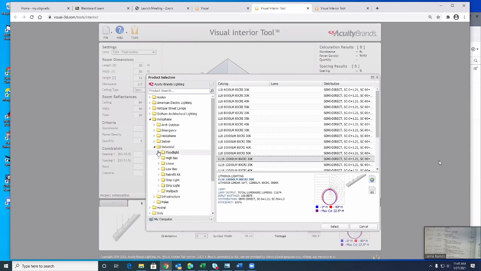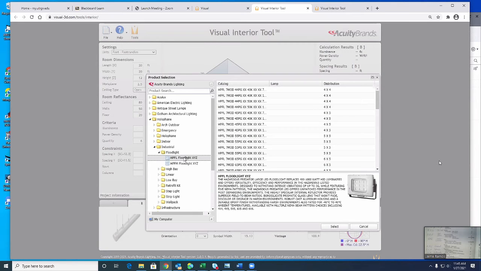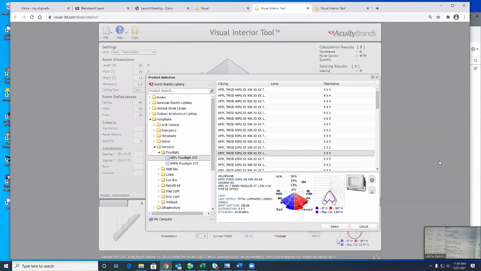Floodlight, okay, let's look at floodlight. Okay, so that's the floodlight. Okay, so let's pick up this one here. Select.